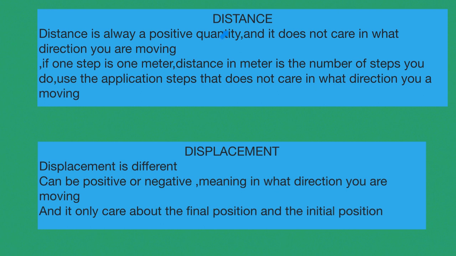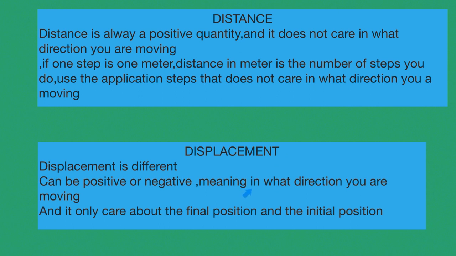So the distance is always a positive quantity, and it doesn't care in what direction you are moving. It's always adding and adding steps that you walk. If one step is 1 meter, distance in meters is the number of steps that you do. Meanwhile, displacement is different.